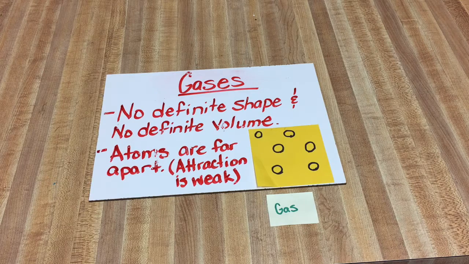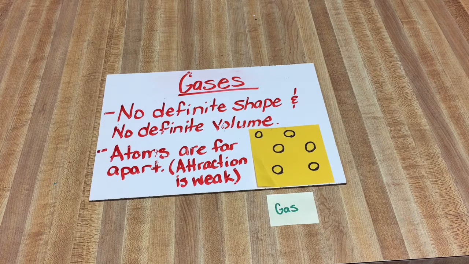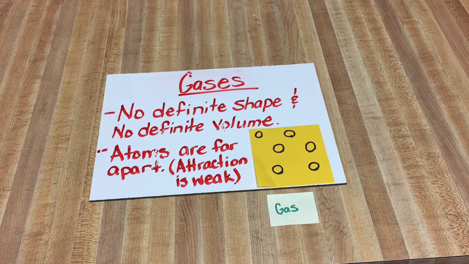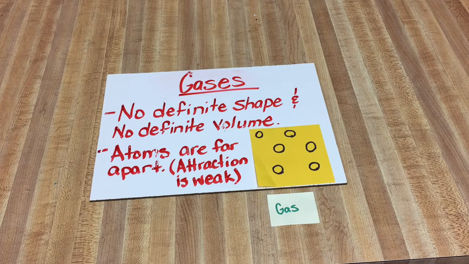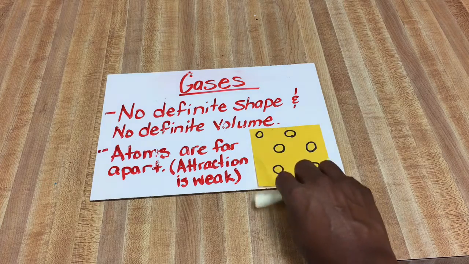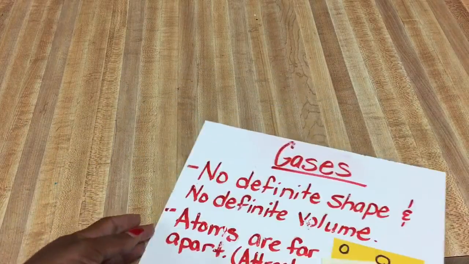If you said that liquid particles are close together but not as tightly packed as a solid, you are also correct. If you say that gas particles are very far apart and not close at all like solids and liquids, you are very correct as well, okay? So let's take a look at the movement of the particles of solids, liquids, and gases.